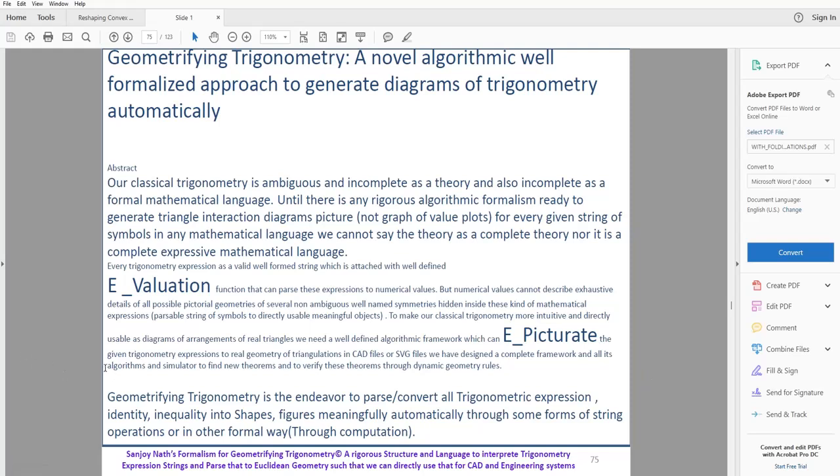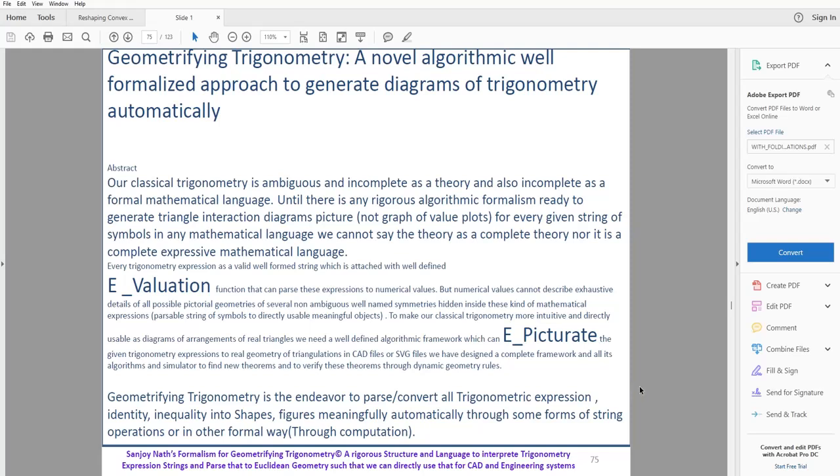So we were searching for algorithms, simulators or processes to read trigonometry expressions and generate the real geometry of a bunch of line segments, which we can really construct with steel, with construction materials, or with wireframe models which we can hold in our hands. So reality is a different thing and evaluation is a different thing.